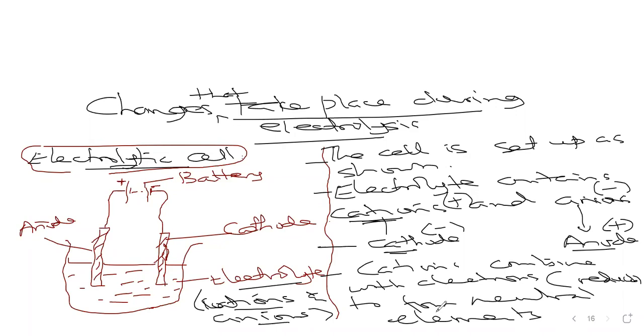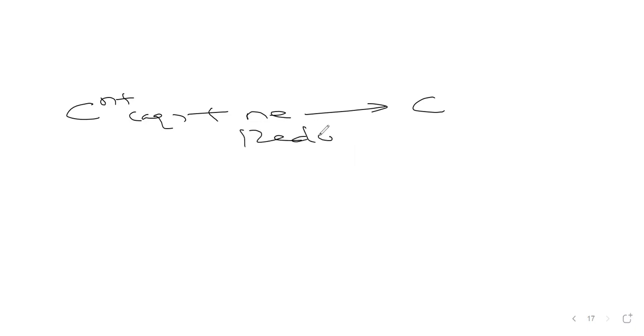That's the whole theory of electrolysis that we are explaining. So cations combine with electrons to form neutral elements. So if my cation is Cn+, then it must combine with n electrons to form the neutral element. And this process involves gain of electrons, which we call reduction.